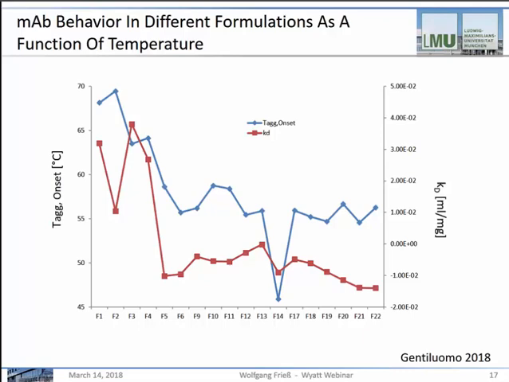With a lower Kd, we heat up our monoclonal antibodies, they start to unfold, and the propensity to form aggregate is higher, so Tag is lower. Overall, this is just one mAb in 22 different formulations.